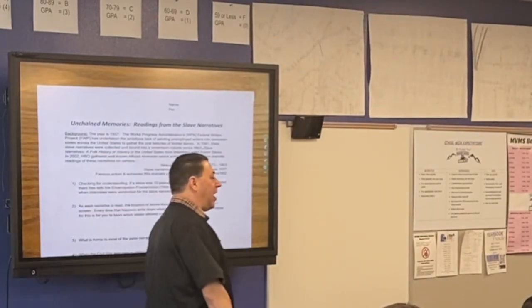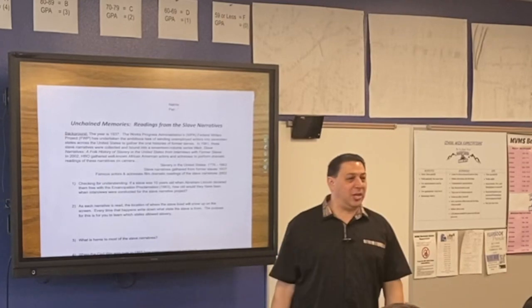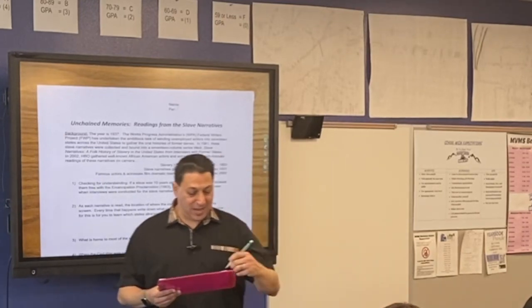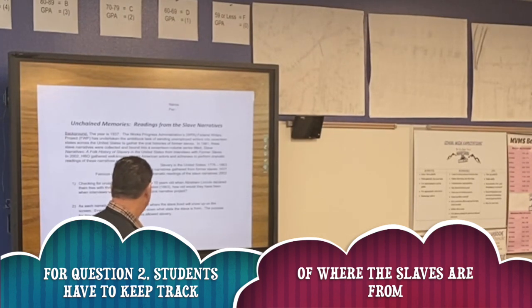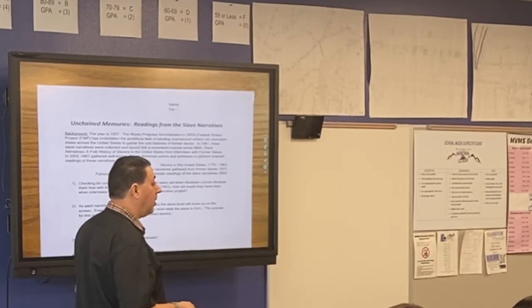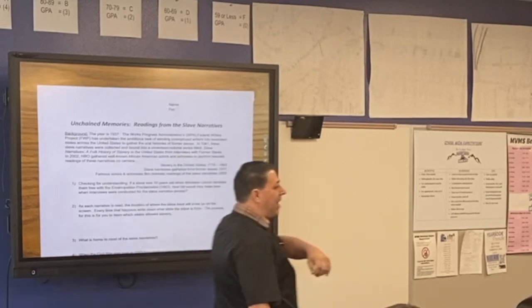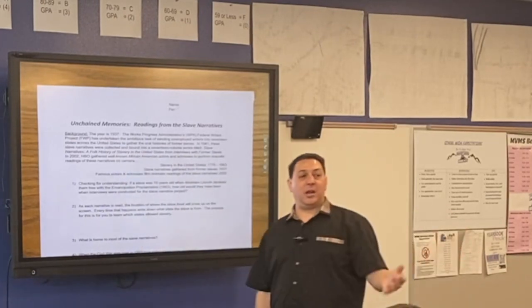Question number 2, a volunteer just to read question number 2. Please go ahead, Heidi. All right, so you're going to keep going back to question number 2 through the entire video.